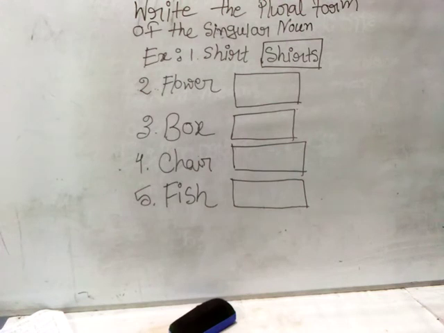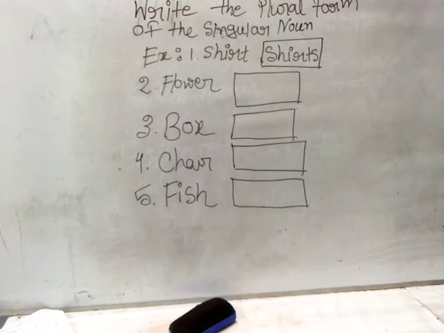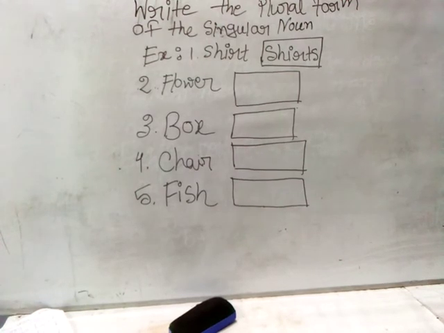So similarly, what is number 2? In number 2, you can see it's flower. Now, can you tell me what's the plural form of flower? Just put an S beside flower, then it will be the plural form. So the plural form of flower is flowers.